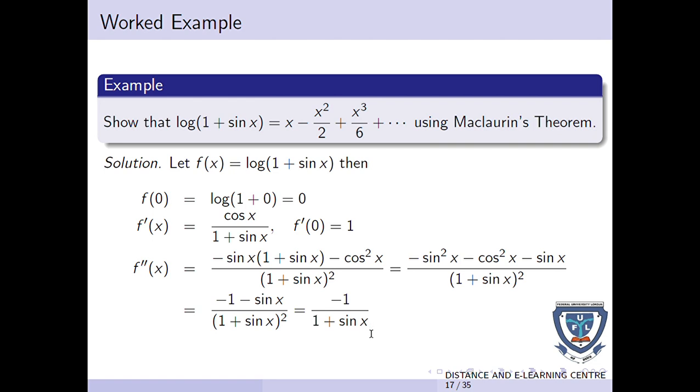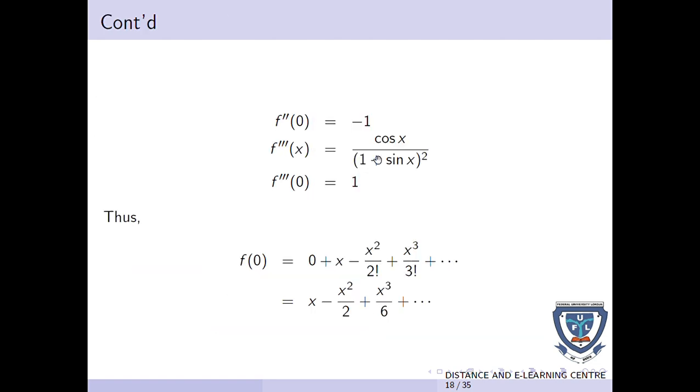When you substitute x to be 0, you have 1. f''(0) will be -1. Thus, f(x) will give us x - x²/2 + x³/6 + ... So this is the series we are referring to.